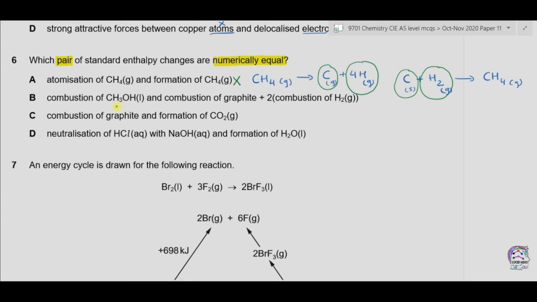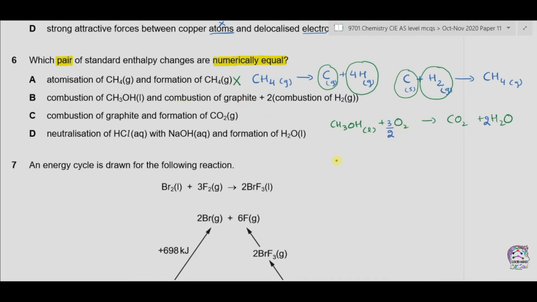Let's first write the equation for combustion of methanol. We have CH3OH in liquid form. It combusts in the presence of oxygen to form carbon dioxide and water. We can balance this equation by writing 2 with water and 3 by 2 with oxygen.